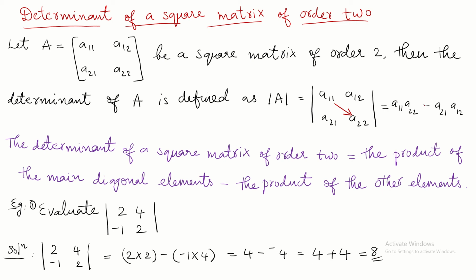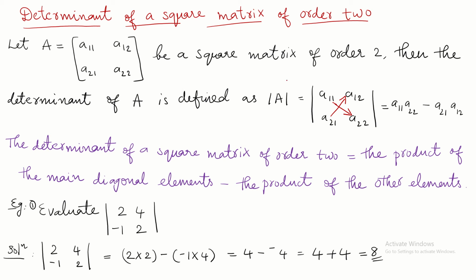Then it is always negative: A11 A22 minus A21, from bottom to top, A21 into A12. You cannot take A12 into A21. It should be A21 into A12. Be very careful while writing the numbers. A11 into A22, always minus A21 into A12.